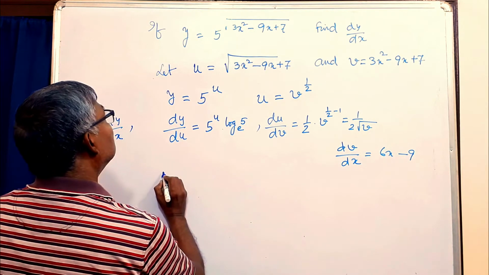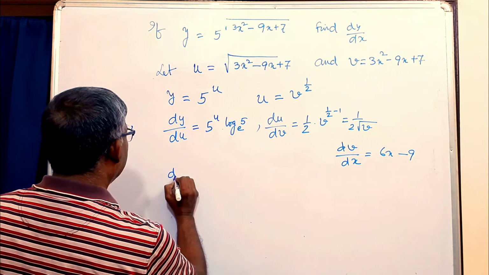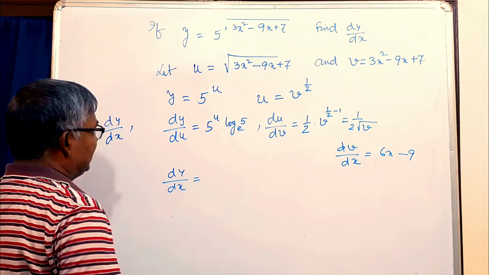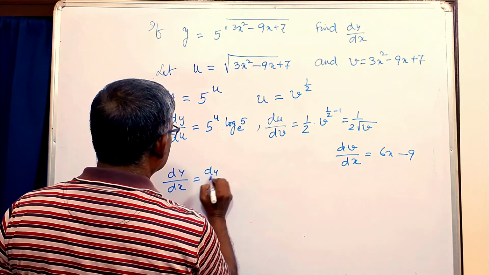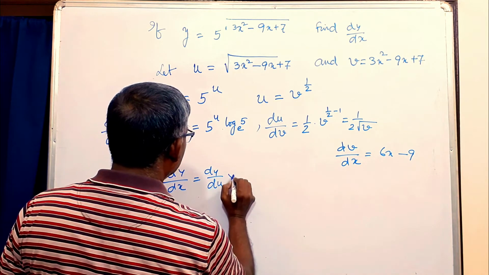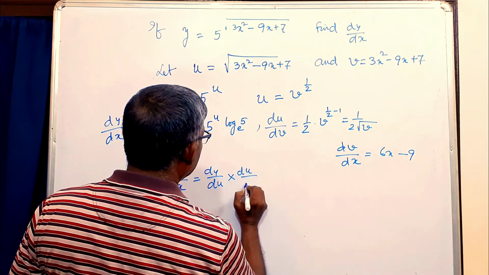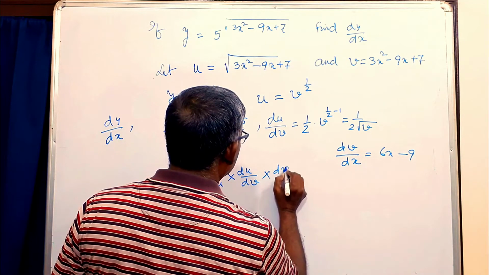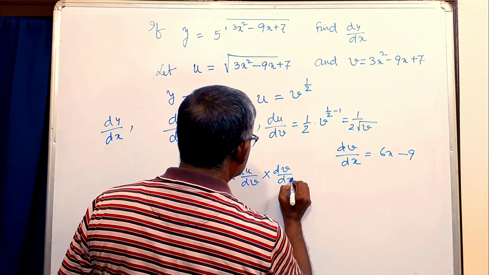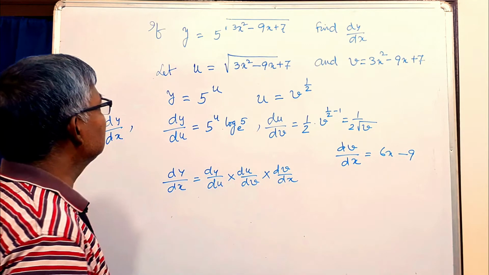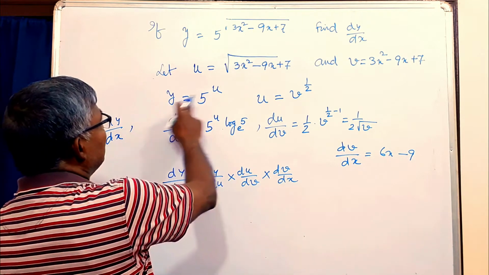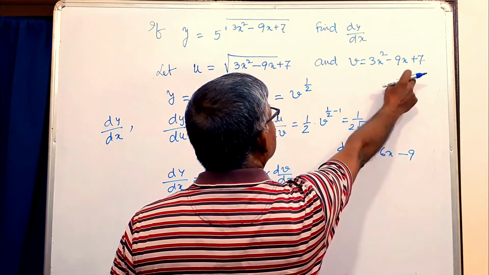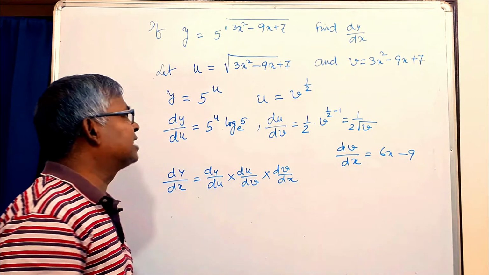By utilizing the chain rule we can write dy/dx equals dy/du into du/dv into dv/dx. Students, just see here, y is a function of u, u is a function of v, and v is a function of x. So we have to utilize the chain rule.